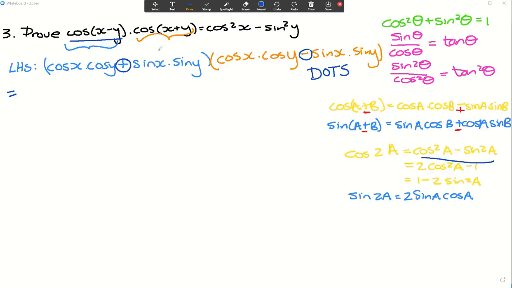So the eyebrows, cos x cos y times cos x cos y, firsts times firsts. If you're using FOIL, you're going to end up having cos squared x times cos squared y. And then lasts times lasts, which gives you a minus in the middle, sine squared x times sine squared y.